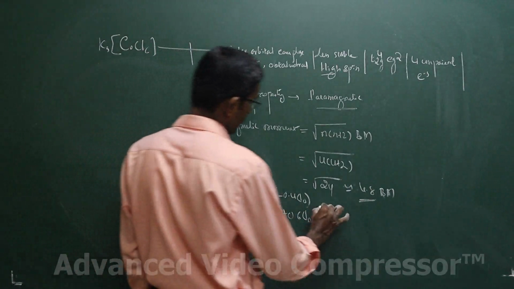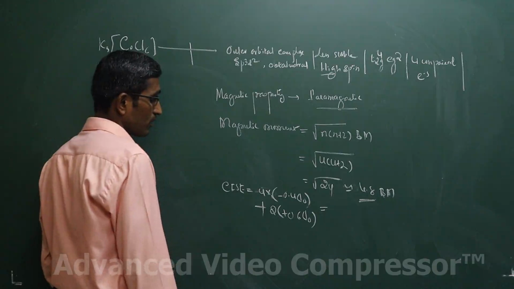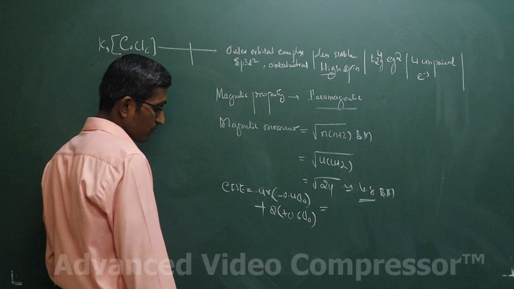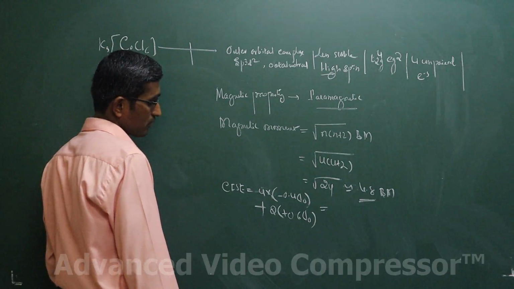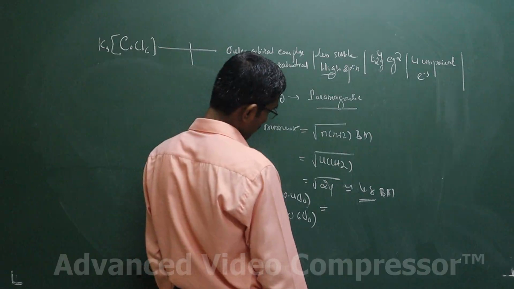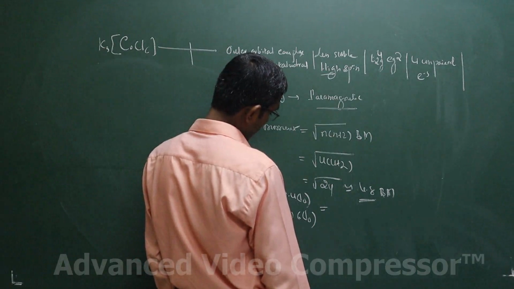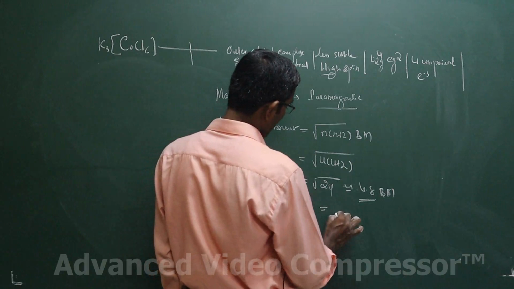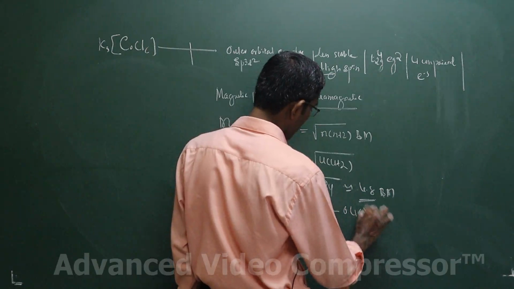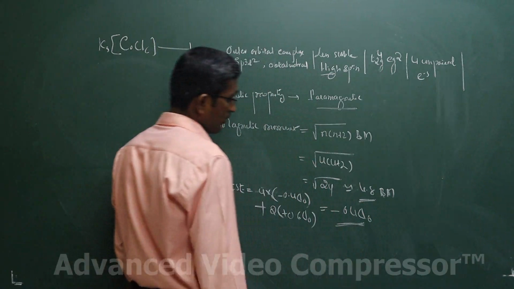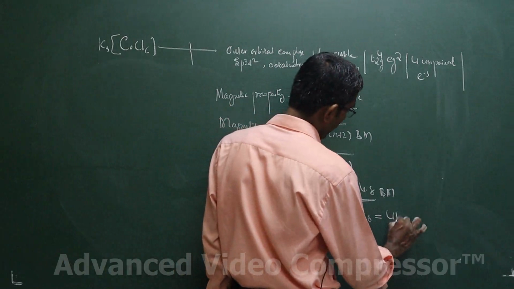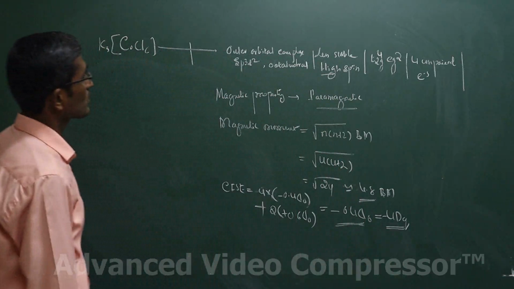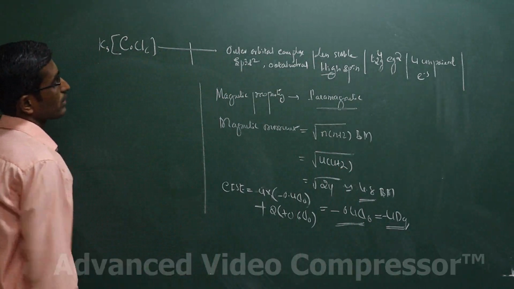What is the CFSE for this complex? Minus 1.6 plus 1.2, turning out to be minus 0.4 delta naught is our CFSE, or I can write it as minus 4 Dq is the stabilization energy for this particular complex.